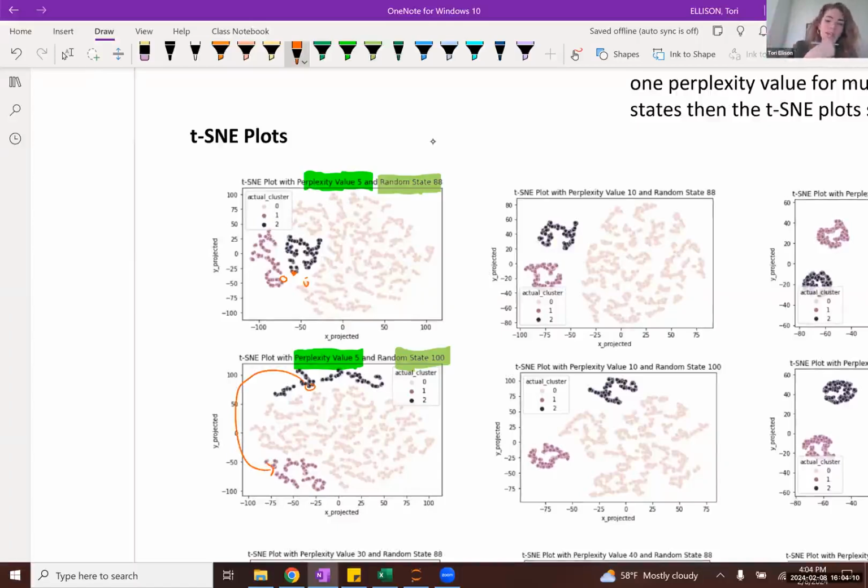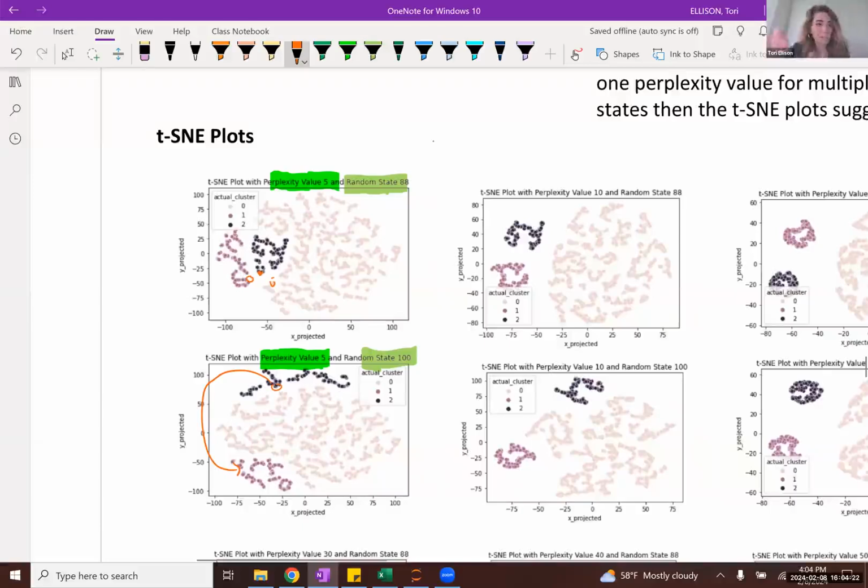Based on the random state you're using, or in other words, based on the local minimum that the t-SNE algorithm is pursuing for that random initialization, your equivalent points can dramatically change where they are in the projection.